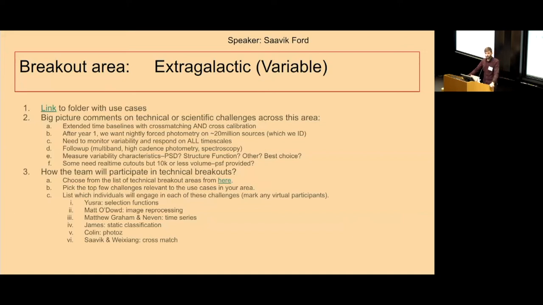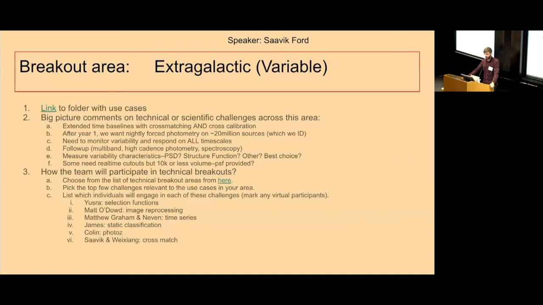We want to figure out what's the best measure of variability characteristics. Is it a PSD? Is it the structure function? Is it something else? We don't know. What is causing it physically? We don't know. We want AGN monitored on all timescales, including very short and very long.